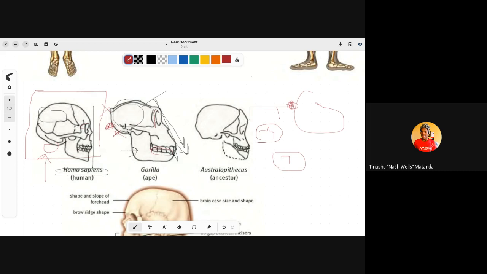The reason for this is that these guys were at some point walking on four legs and also able to walk on two legs. So they were able to perform in both ways, both bipedalism and quadrupedalism.